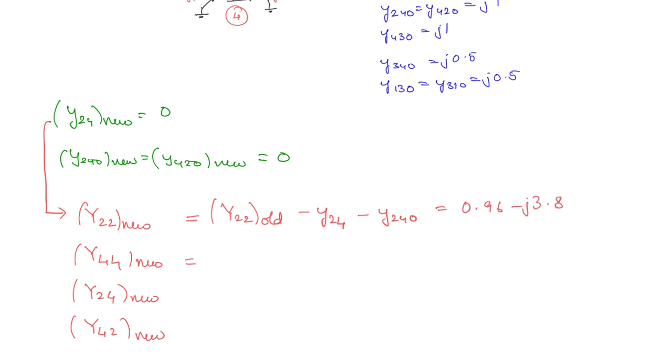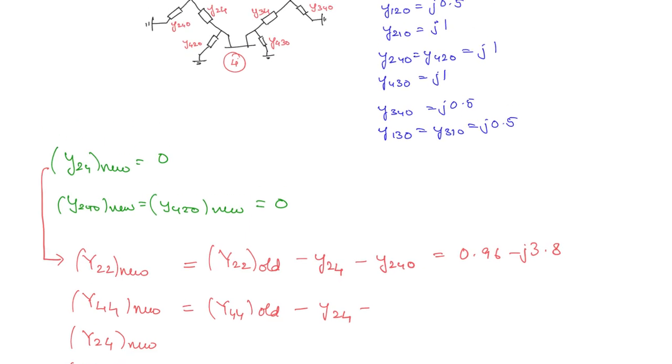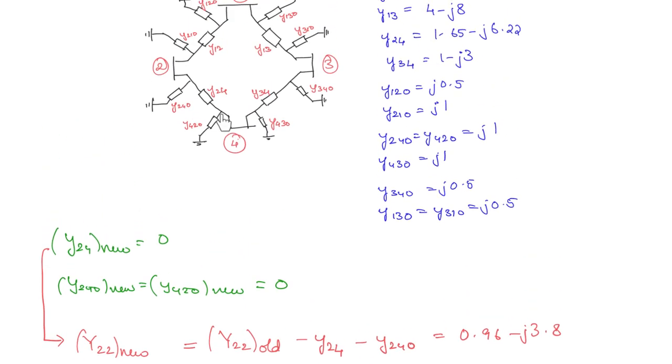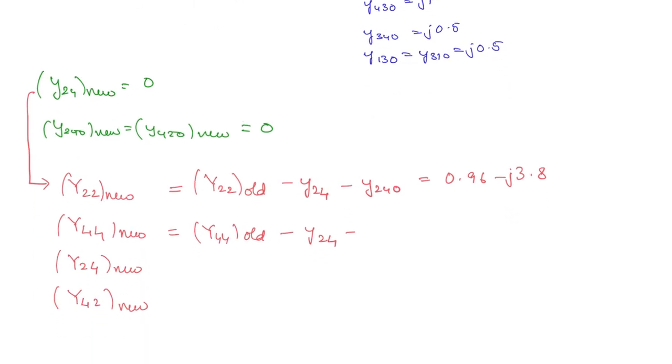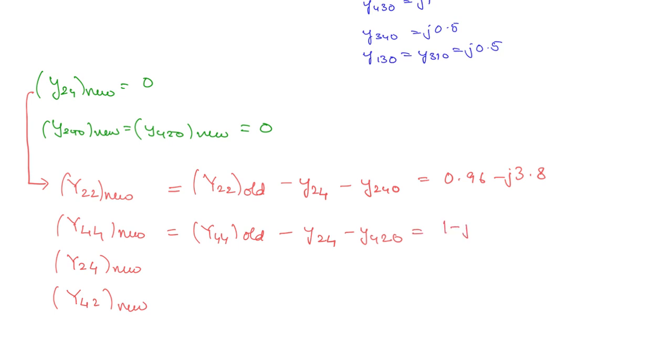Now Y44 new is going to be the old value Y44 old minus y24, anyways it is there, minus the admittance associated with only this transmission line. So what is that? Minus y420. So this is going to be 1 minus j2, and Y24 new is simply going to be 0, because now there is no transmission line. Similarly Y42 is also going to be 0. Okay, so this is how you can modify.